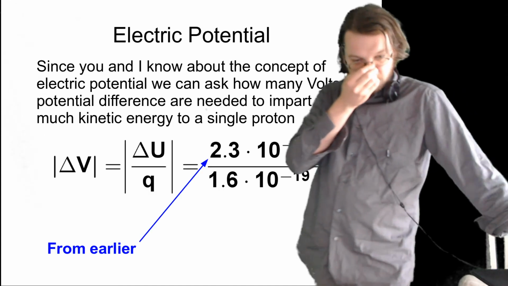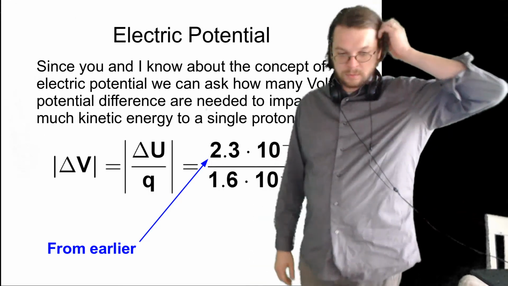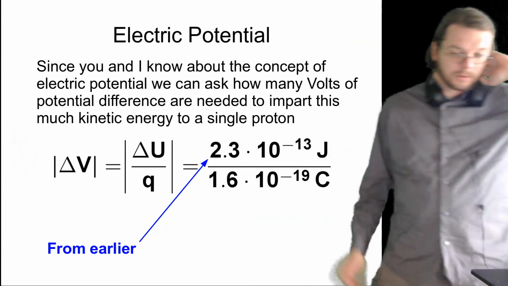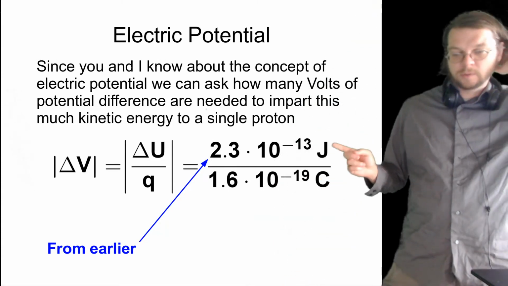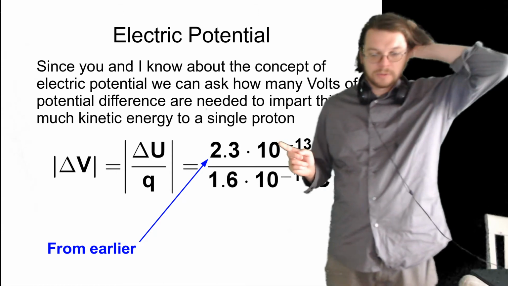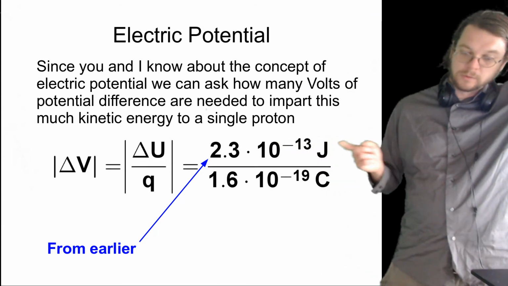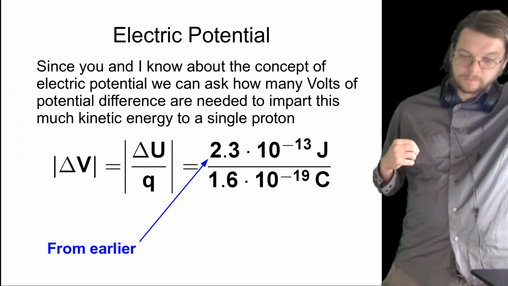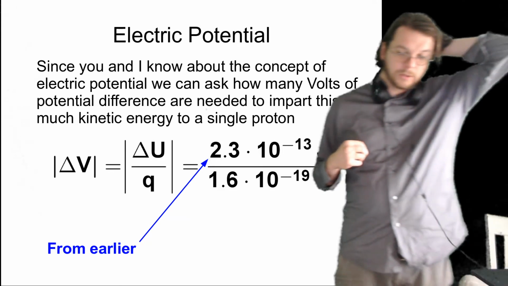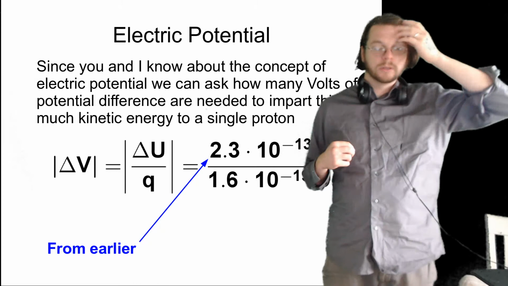Now one interesting thing, speaking of electric potential: we decided that we needed to give a proton 2.3 times 10 to the minus 13 joules, a single proton, in order to fuse with this other particle. So an important question is, how many volts of electric potential would that involve?